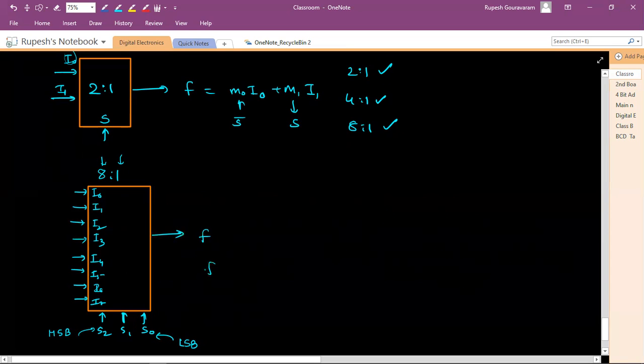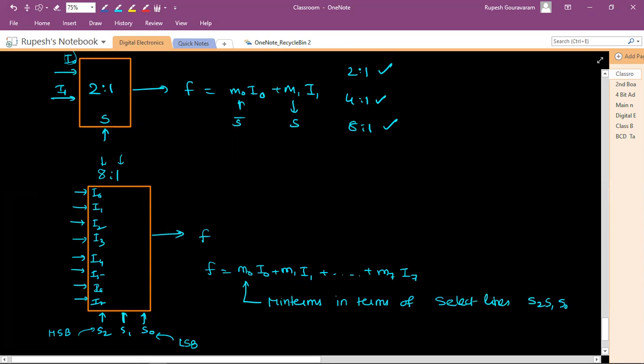So the output is F. That F is given as M0 I0 plus M1 I1 plus so on plus M7 I7. So here we have represented the minterms in terms of the select lines S2, S1, S0. Is it clear? Now coming back to the given question.